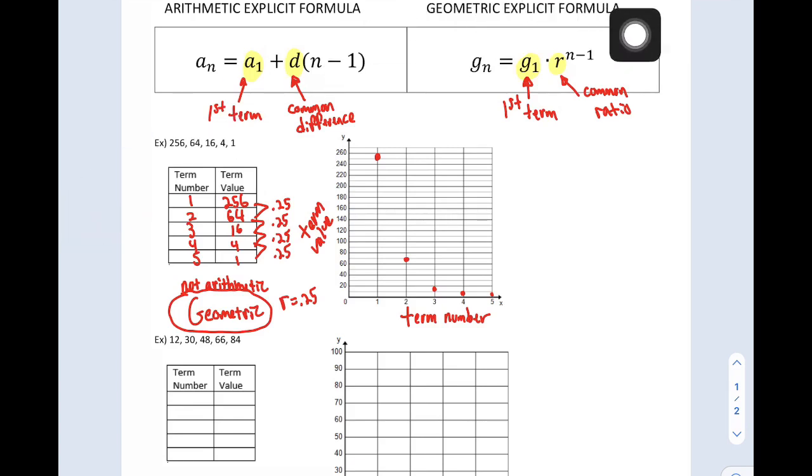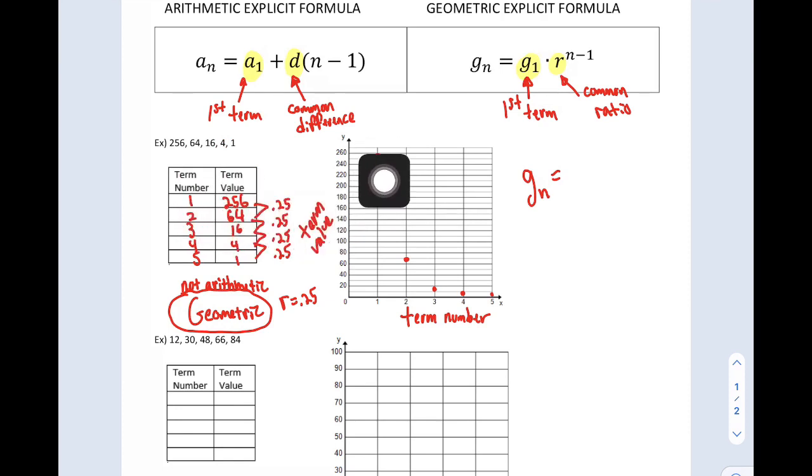So geometric, G sub n equals the first term times r to the n minus 1. We're only going to plug in 2 numbers, and that's these 2 highlighted ones. So the first term, what was the first term of this sequence?